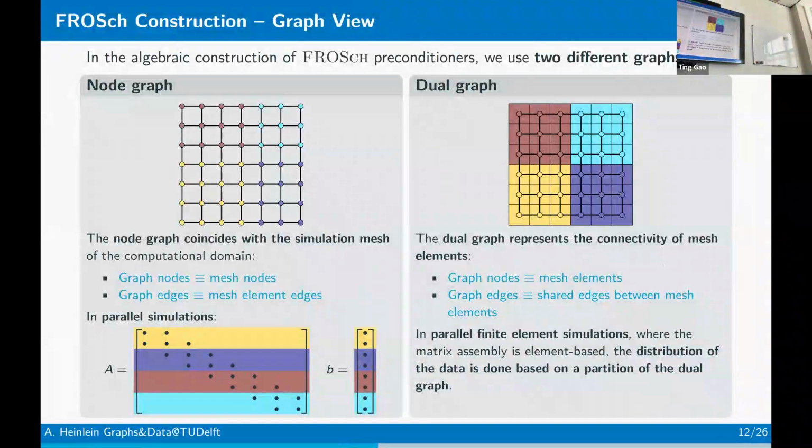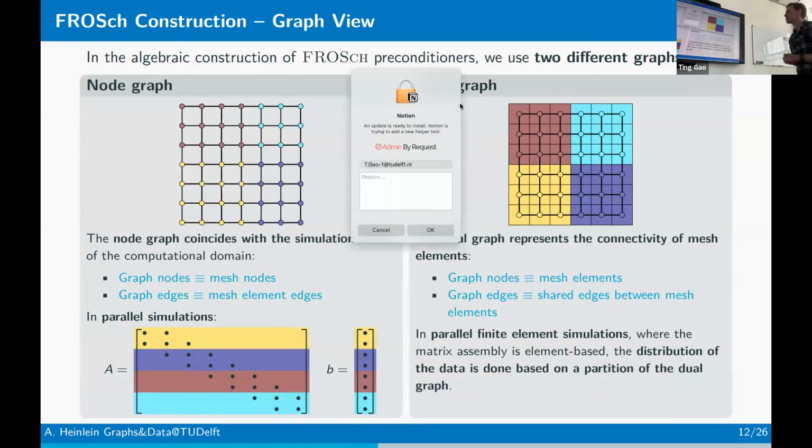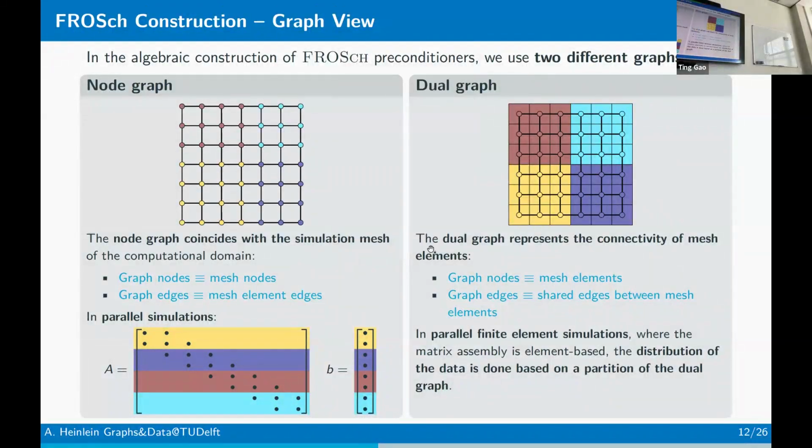And to do this algebraically, we use a little bit of some graph ideas. So there are 2 different graphs that play a role here. And I'm not sure if I have the same notation or naming as you have, but the 2 types of graphs, we call a node graph and a dual graph.